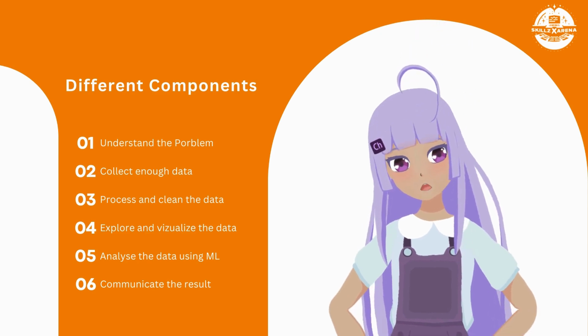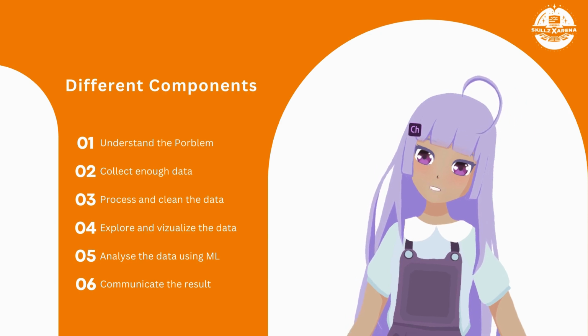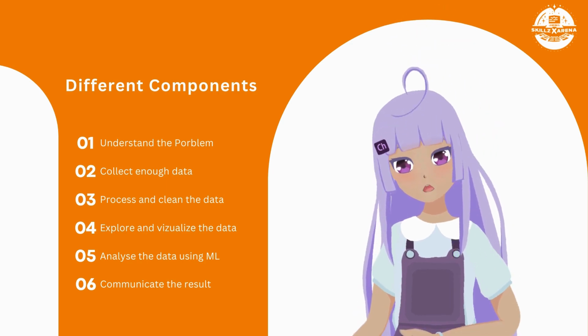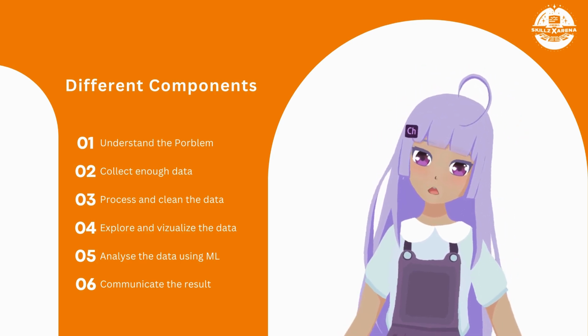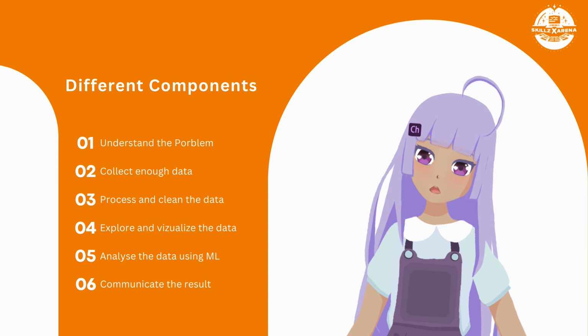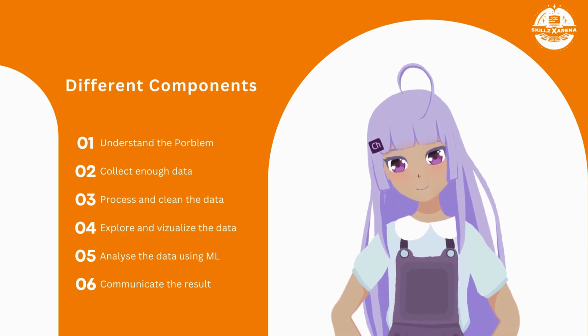Cleaning is very important because any incorrect or missing data can lead us to incorrect results or bad accuracy, which we definitely don't want. So in this step, we use different algorithms to deal with missing and incorrect data so that we can make our results better. So that was our third step.